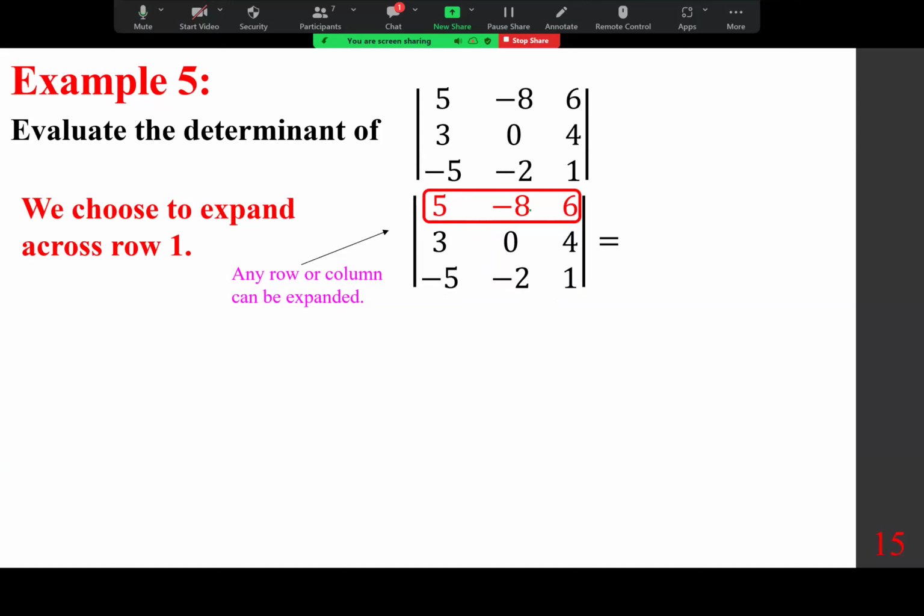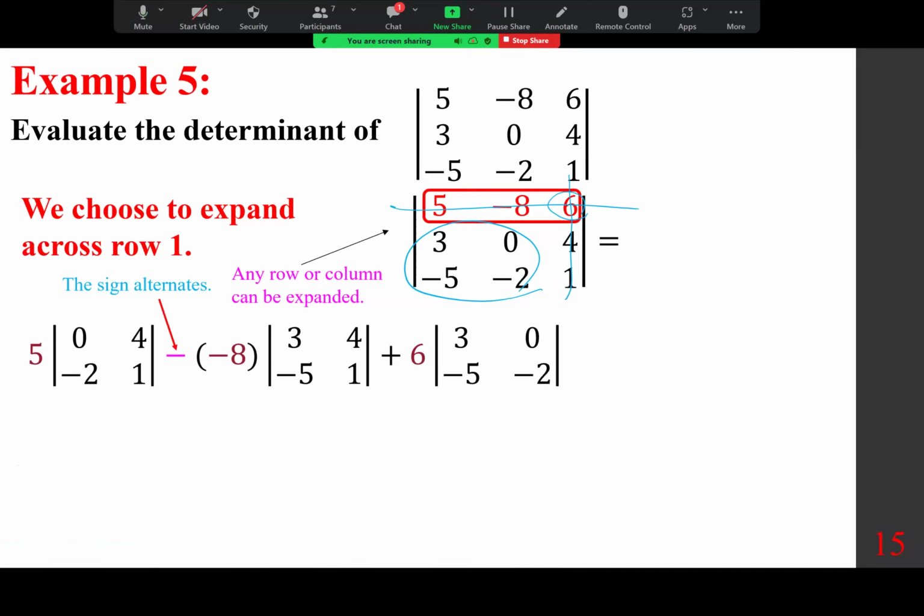Minus this number times the determinant of what is left, 3, 4, -5, 1. Plus 6 times the determinant of what is left.